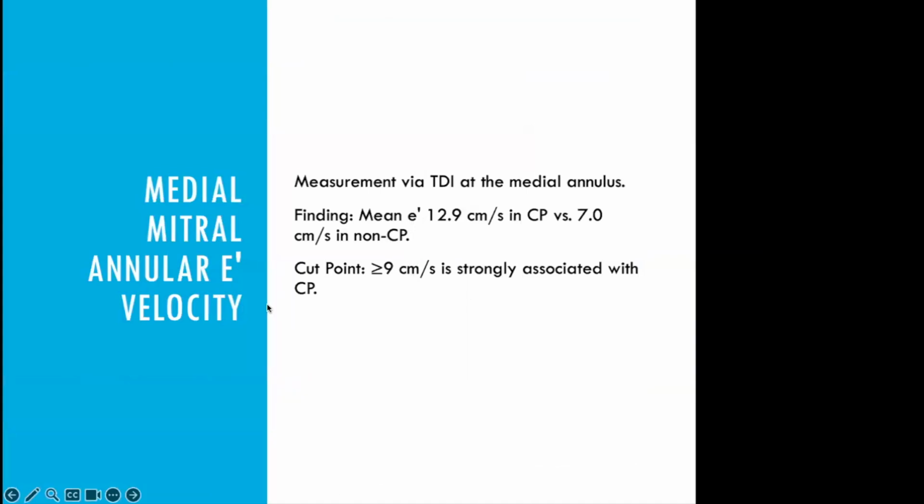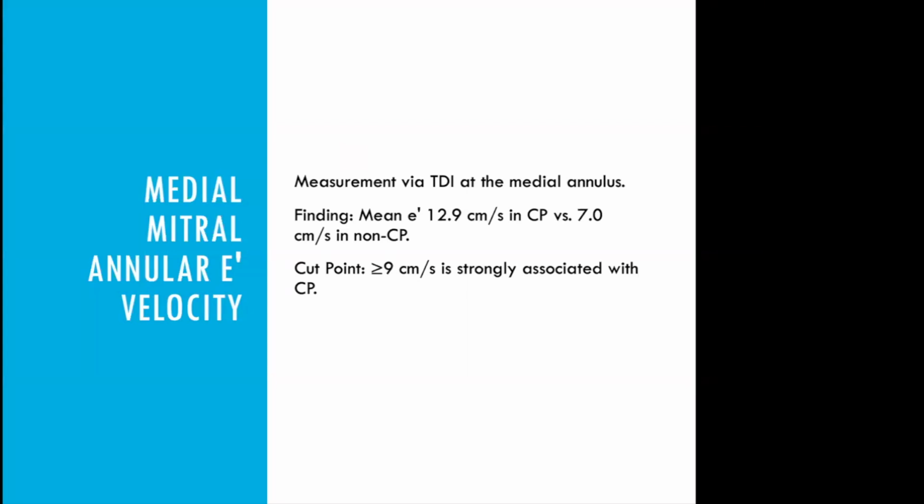The next variable that they looked at was the medial mitral annular E prime velocity. This is looking at a measurement via the tissue Doppler at the medial annulus. The mean E prime in the study was 12.9 centimeters per second in constrictive pericarditis versus 7 centimeters per second in non-constrictive pericarditis.